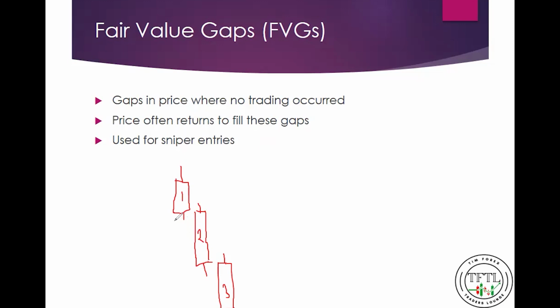We use the low of the first candle and the high of the third candle, and we mark that as our fair value gap. This is the FVG. We want the price to revisit this level again, and from this level we'll be looking for selling opportunities. So how do you look at a high probability fair value gap?